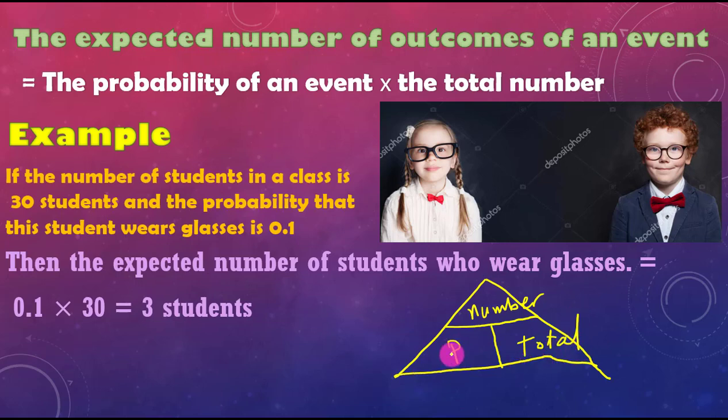The probability equals number over total. Hide the probability, and it is number over total. If he asks me about the number of outcomes, it equals probability times total. Okay, now let's solve the next question.